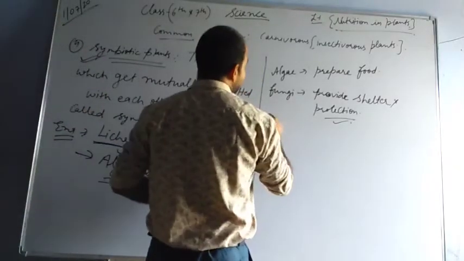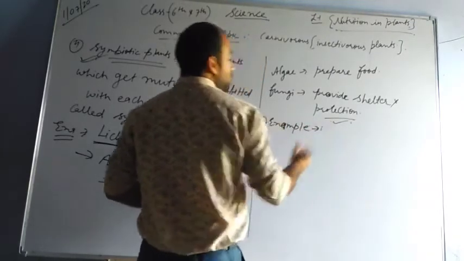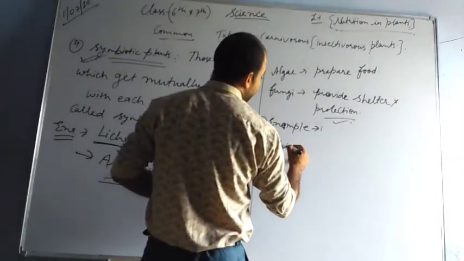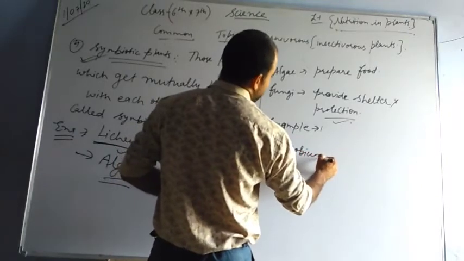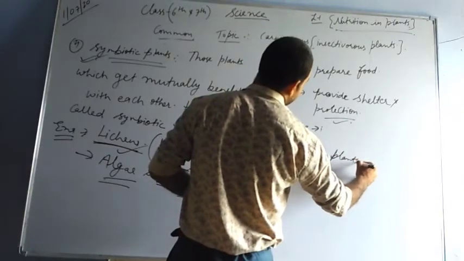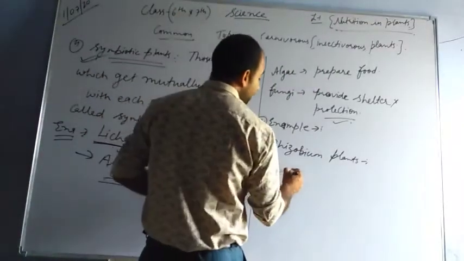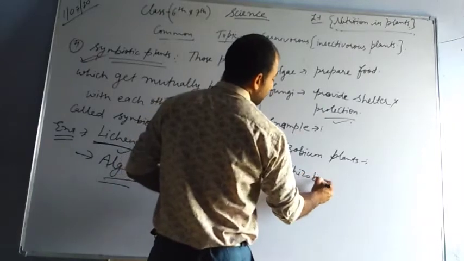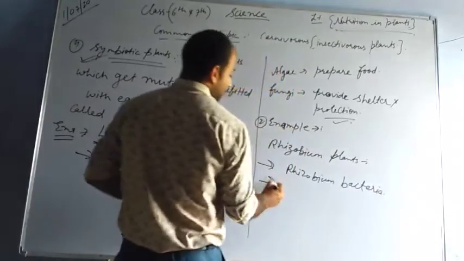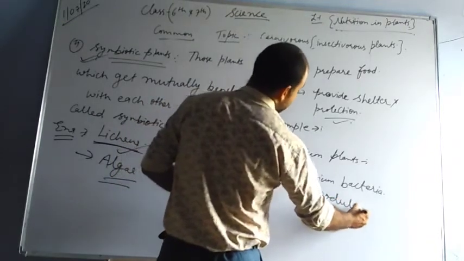Let me tell you the second example. You have heard of rhizobium. In the rhizobium plant, two things are present: rhizobium bacteria and root nodules.